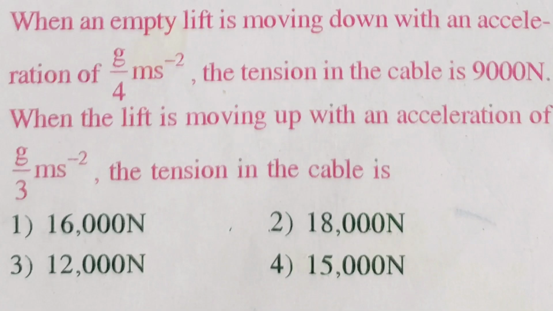When an empty lift is moving down with an acceleration of g by 4 meter per second square, the tension in the cable is 9000 newtons. When the lift is moving up with an acceleration g by 3 meter per second square, the tension in the cable is?